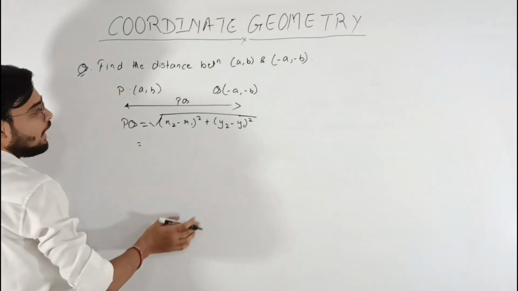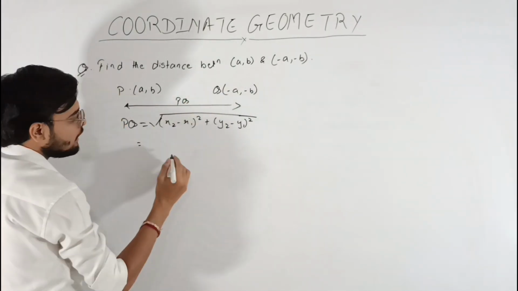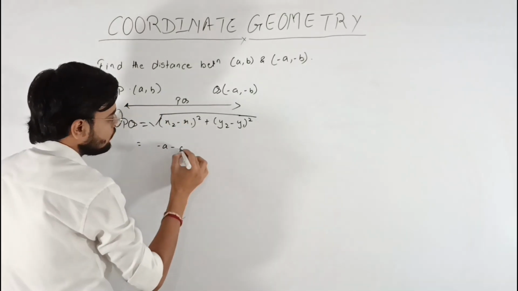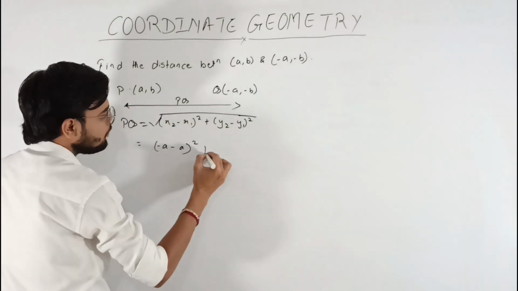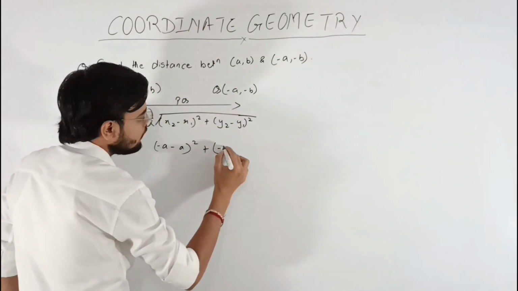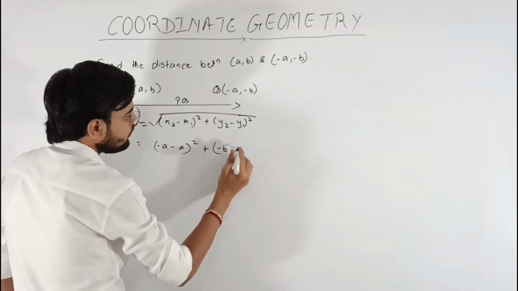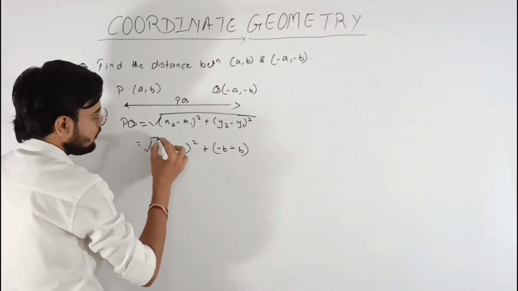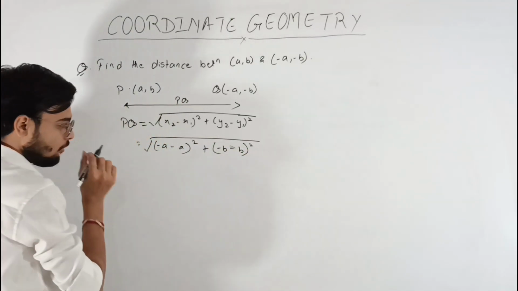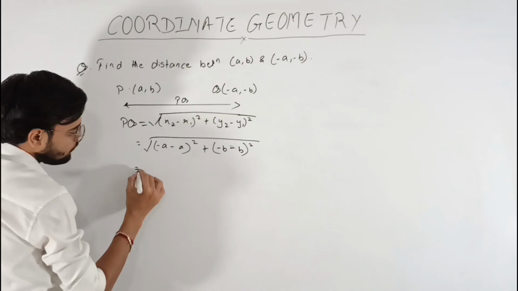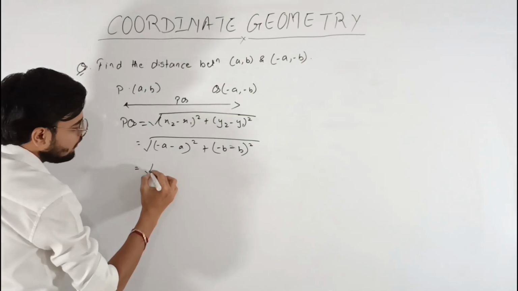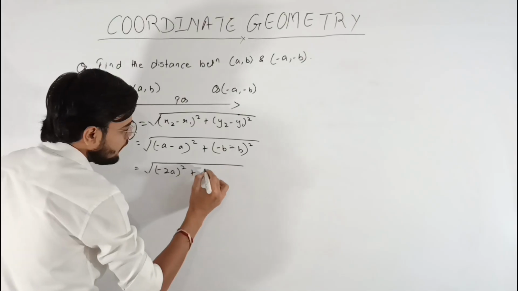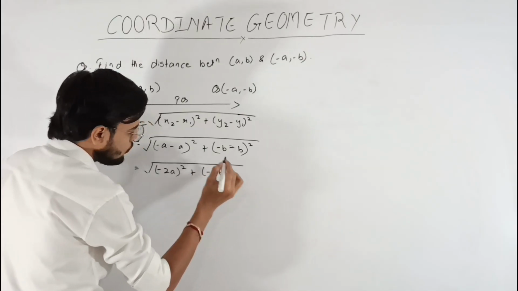Now, which one is x2? I take Q as second. So x2 is minus a, minus x1 which is this one a, square, plus y2 which is minus b and y1 is again b, square. Now look, this is minus a minus a which is minus 2a, square, plus minus 2b, square.